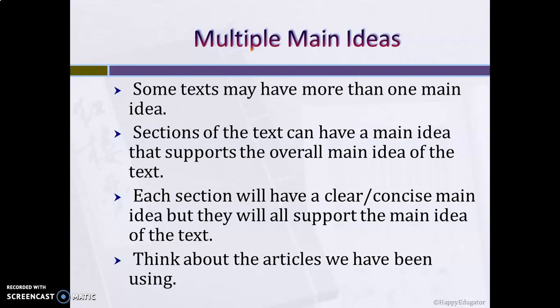Each section will have a clear and concise main idea, but again, they will all support the main idea of the text. Think about those articles we've been using, particularly about voting and women and African Americans. Those articles all had different headings, but those sections and those headings supported the overall main idea of that specific article.